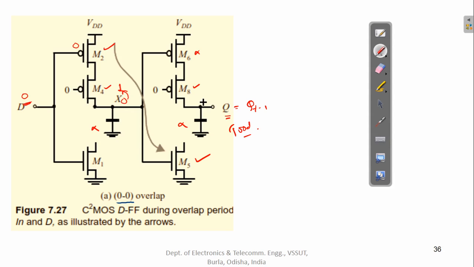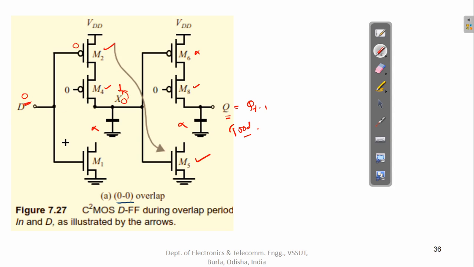And at that instant of time the value of X may remain 1 or it may change to 0 depending on the value of D at that instant of time when clock becomes 1 and clock bar becomes 0.